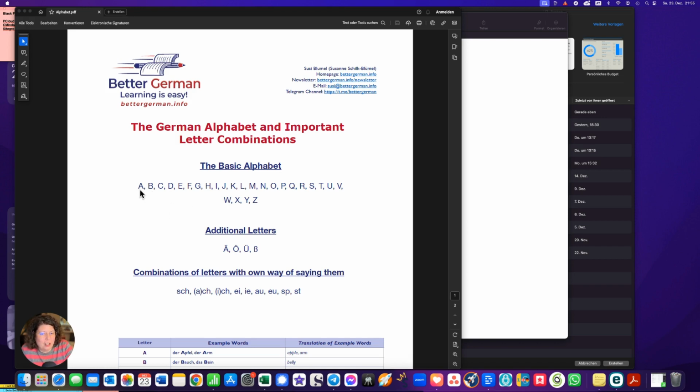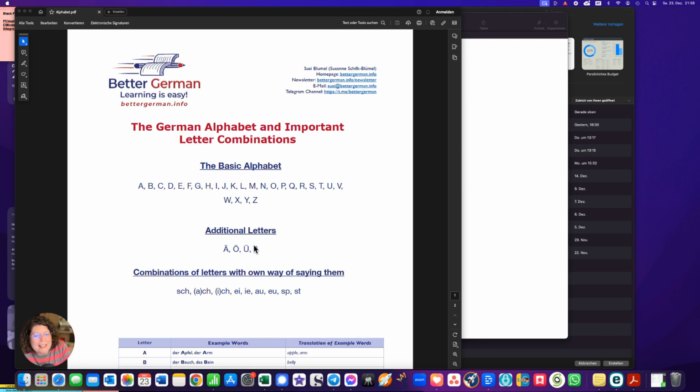So vowels are A, E, I, O, U, or more generally, all the sounds that you make where the flow of air is not being stopped or changed by lips and tongue. So a is a vowel, as opposed to, for example, p, where you stop the airflow with the lips. P. So these are called consonants. In German, we have a lot of vowel sounds. So if you have a hard time in the beginning to differentiate them or hear the difference, don't worry. You will get used to it. You will get the hang of it eventually.